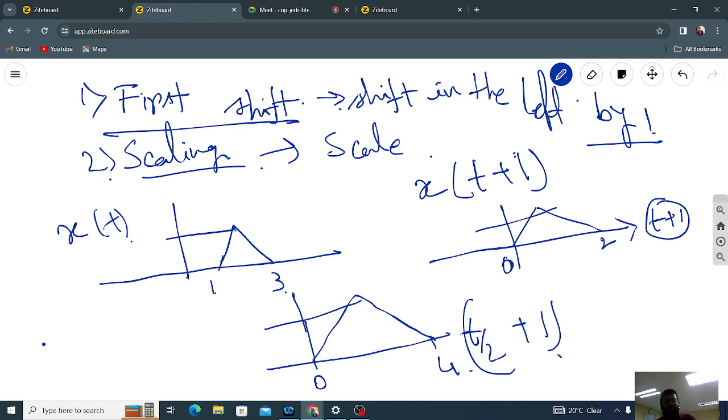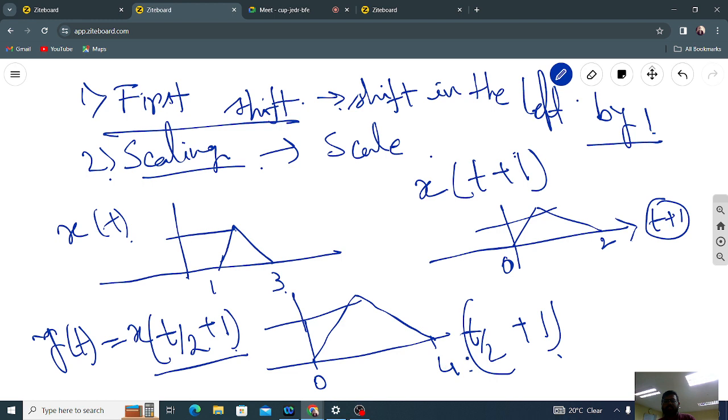So the relationship is, y of t should be x of t by 2 plus 1. Just change this axis in this format. First shift by a factor of 1, we have to do a left shift, so there is a plus 1, and then a scaling by a factor of 2.